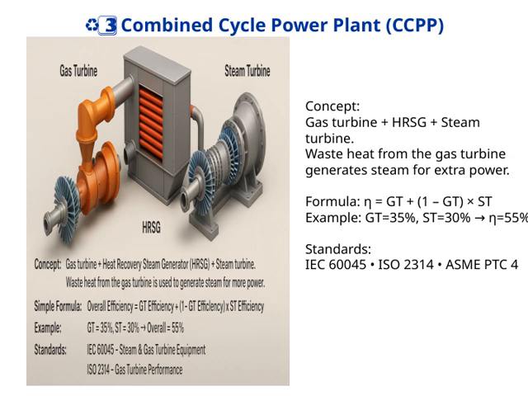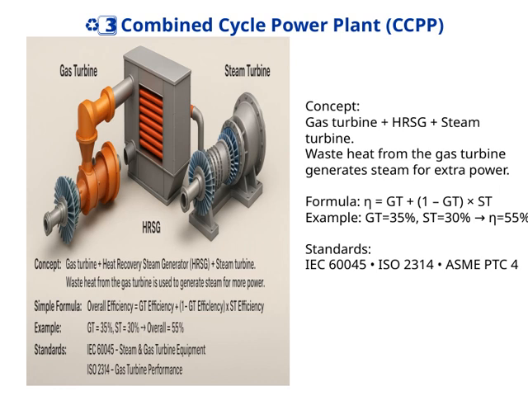To give you a quick idea of how the efficiency is calculated, there's a simple formula. Eta equals the efficiency of the gas turbine, GT, plus the efficiency of the steam turbine, SD, multiplied by the remaining potential, which is 1 minus GT. For example, if the gas turbine operates at 35% efficiency, and the steam turbine at 30%, the combined efficiency would be about 55%.